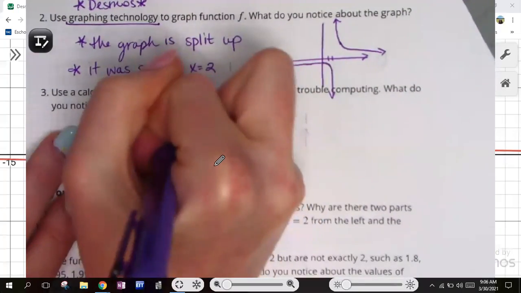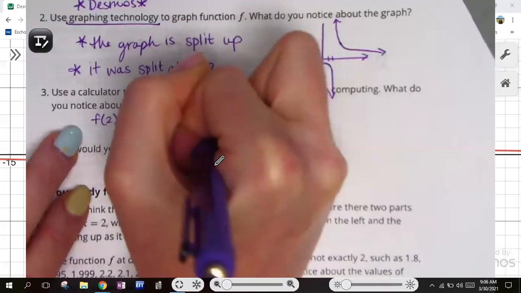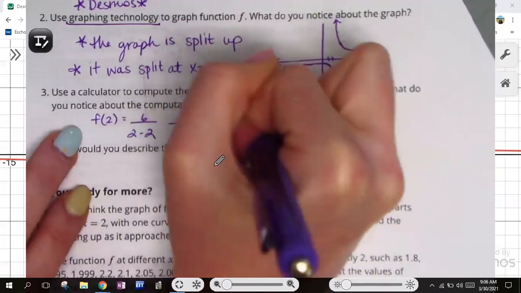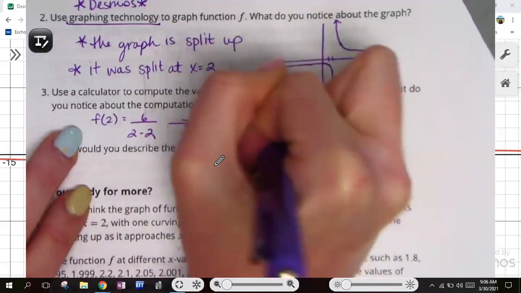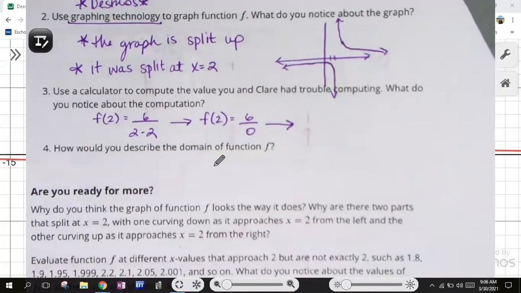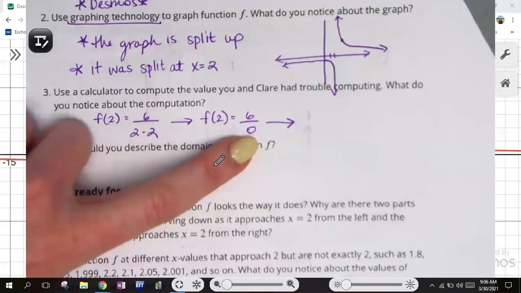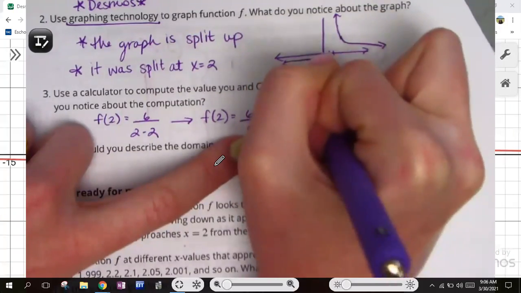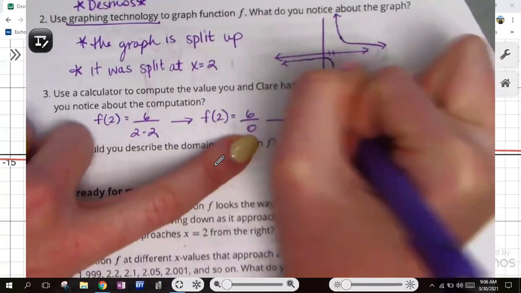Let's simplify that. So we got f of 2 equals 6 divided by 0. Right here we got an error. Yeah, can't divide by zero.